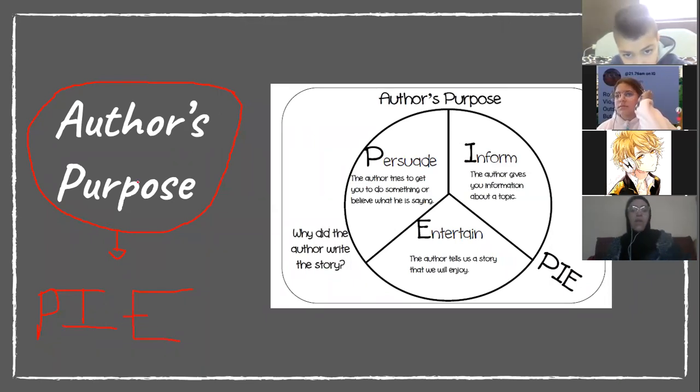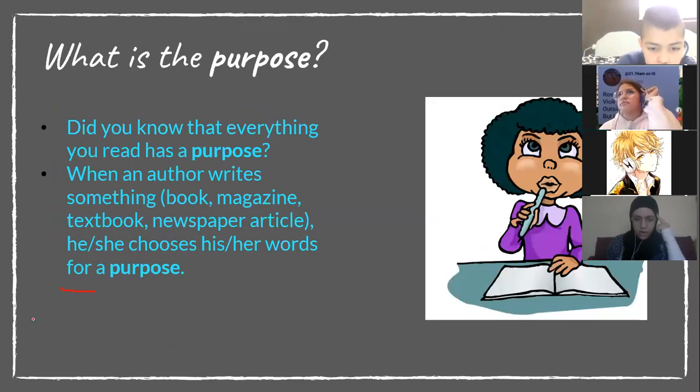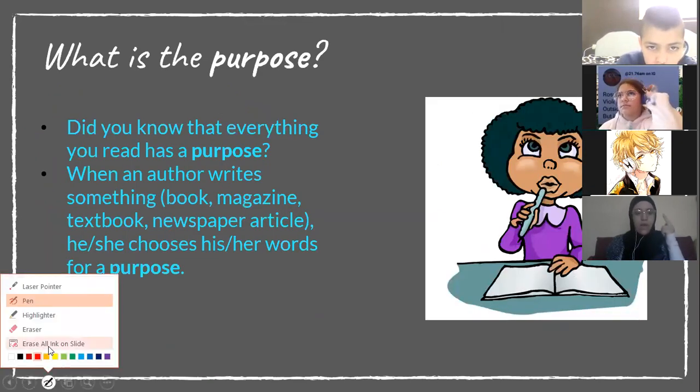Keep it in mind. We still have 10 minutes, okay? When we say author's purpose, we do have to remember the word pie. You kept it in your mind? Let's see. Why do we use the word pie?